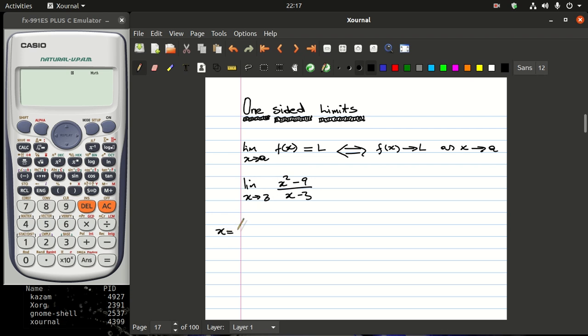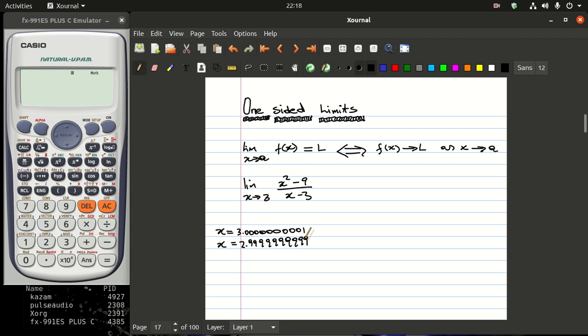I'm going to say my x is going to be 3.0000000001, which is the value on the right of 3, and then also pick the value on the left of 3, which is 2.9999999999, so I have 9 zeros here and here I have 10 nines.